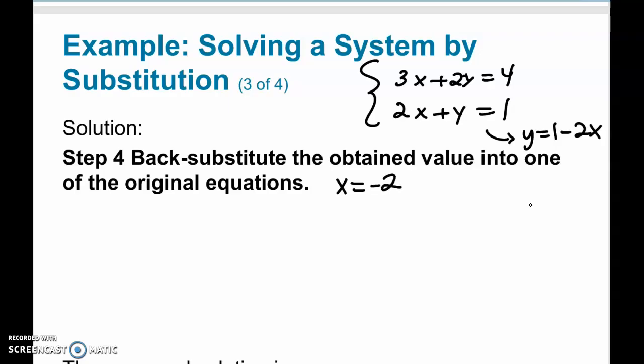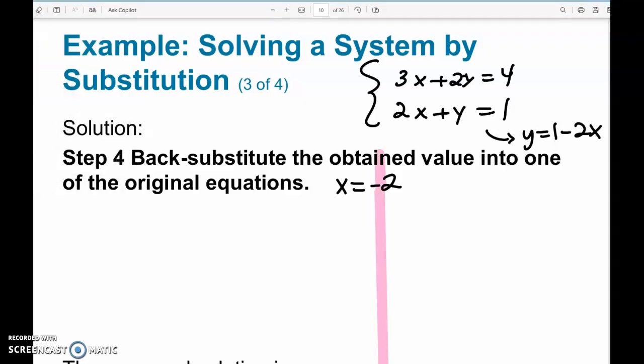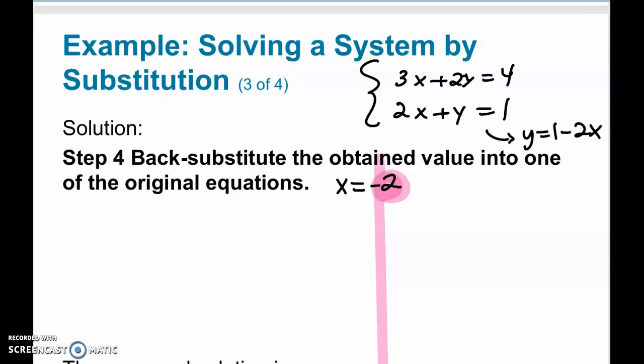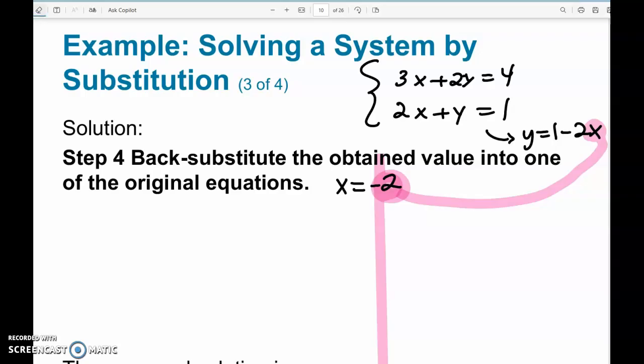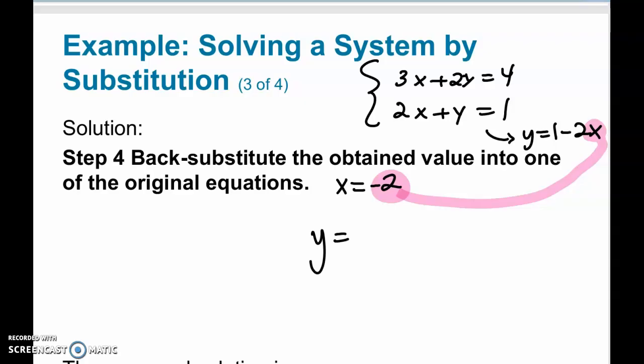So I'm going to take the value that I found in step 3 and I'm going to back substitute it. So I'm going to take it over and I'm going to say, take in this -2 and I'm going to plug it in for the x. And I'm going to see what I get for y. So y, and I could go into either of these equations. This one I already have solved for y, so it makes it a little bit simpler to do.